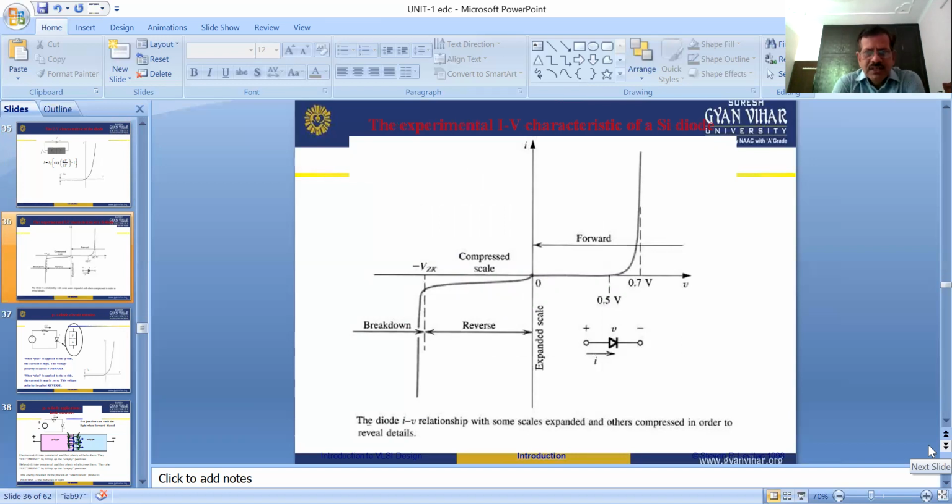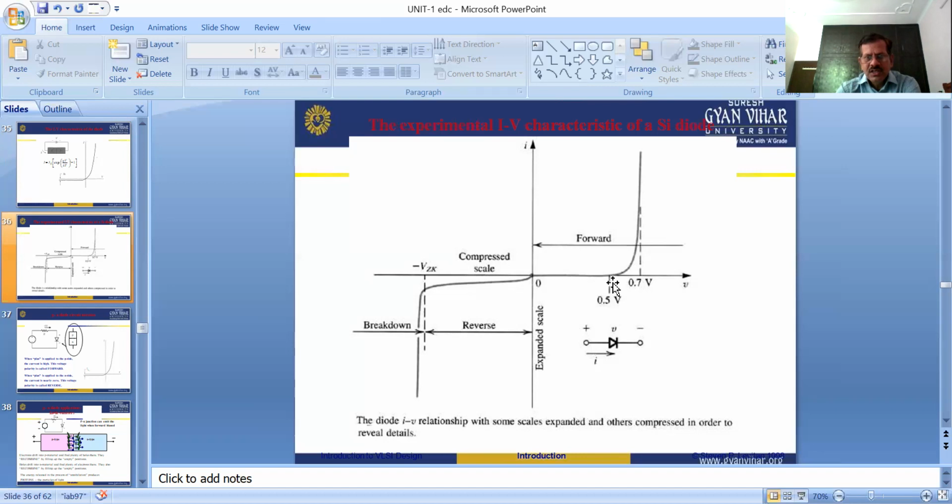You also see in this graph some voltages on the x-axis, here 0.5 volt and 0.7 volt. This is the cut-in voltage of the PN junction diode. After the cut-in voltage, the diode starts to conduct, and the current increases with the voltage. But up to the cut-in voltage, we increase the voltage but there is no increase in current.